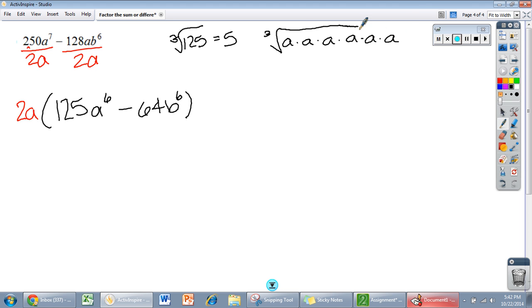We've got 6 of them. Now, for a cube root, if we can make a group of 3, we can pull one out. So here's a group of 3, so I can pull one out. Here's another group of 3, and I can pull one out. So we're talking about a squared.